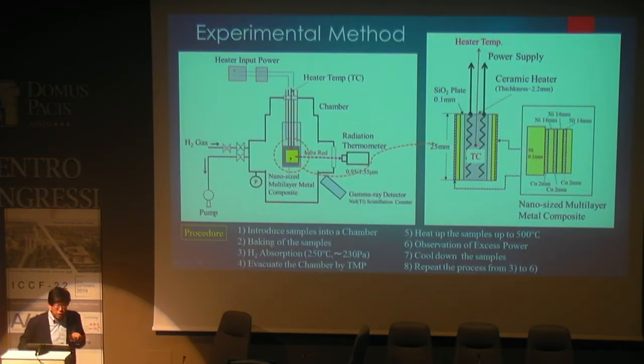And usually, half a day after, the heater is cut off and we cool down the samples. And again, we introduce hydrogen gas into the vacuum chamber and repeat this process again, mainly changing the input conditions.